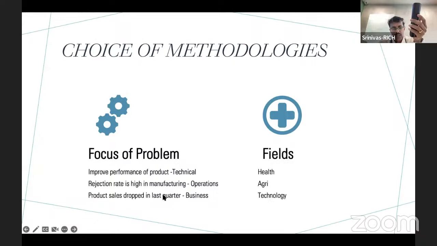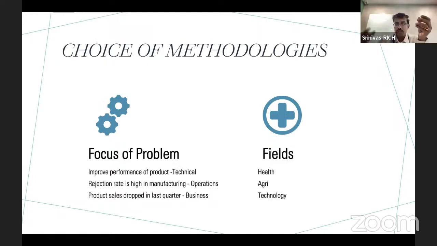And third thing could be a business problem statement. That is, well, this was selling quite well, 1 lakh pieces a month. Now, all of a sudden, the sales has dropped to 20,000 pieces a month. That's a business problem, right? Nothing else changed. You don't see any higher rejection rate. You don't see any performance issues. But then suddenly the sales drop.